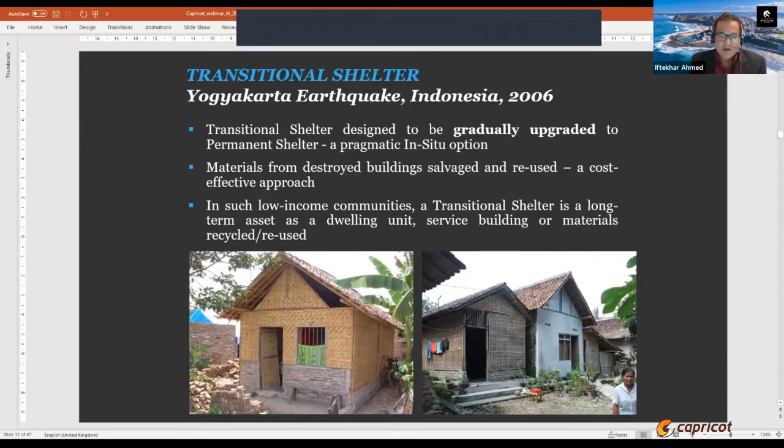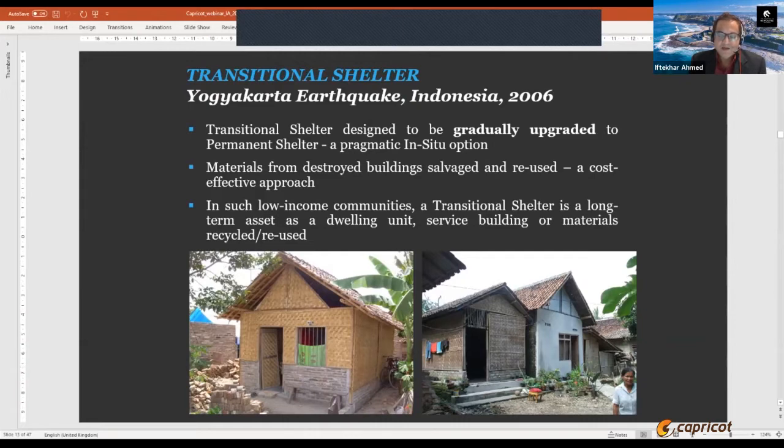In this particular transitional shelter, I think it was built by IOM, they had built the foundation, the plinth and some low walls, which people could slowly start extending and make proper brick walls. They salvaged a lot of these bricks and the roofing tiles from damaged buildings and reused them. But interestingly, you see the photograph next to it, that is the permanent house that they built, and that was a transition shelter, but they never got rid of it.